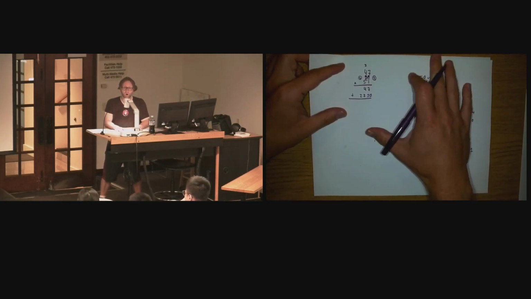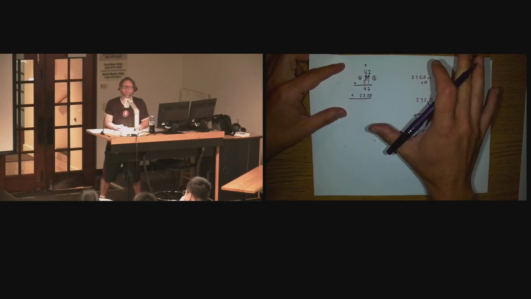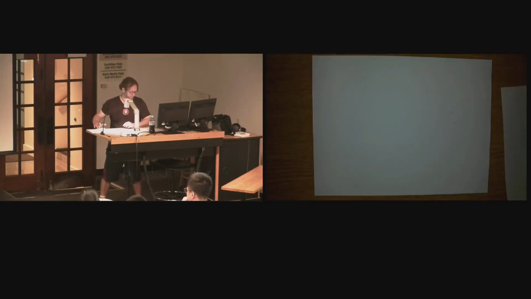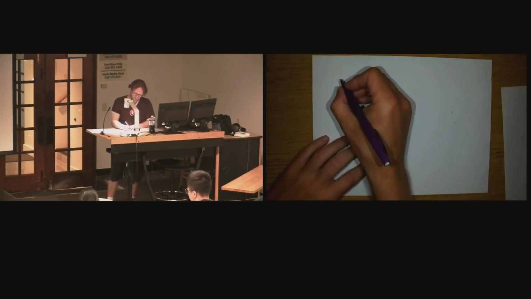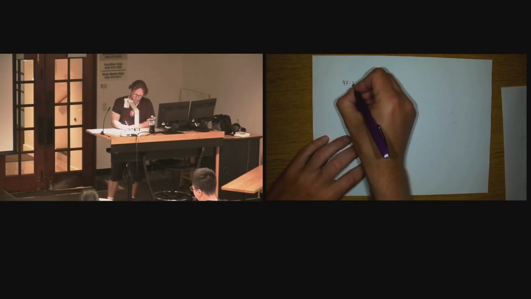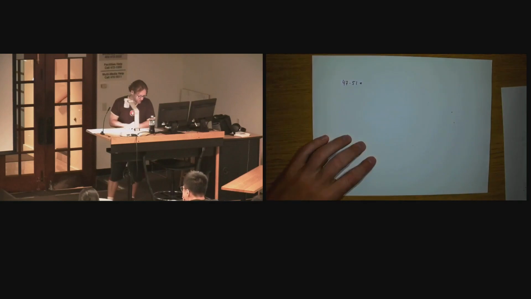Can we divide and conquer this and exploit some structure? What I'm going to do is I'm going to rewrite everything. 47 times 51. I'm not going to do it the old grade school way. What I'm going to do is I'm going to split it up.